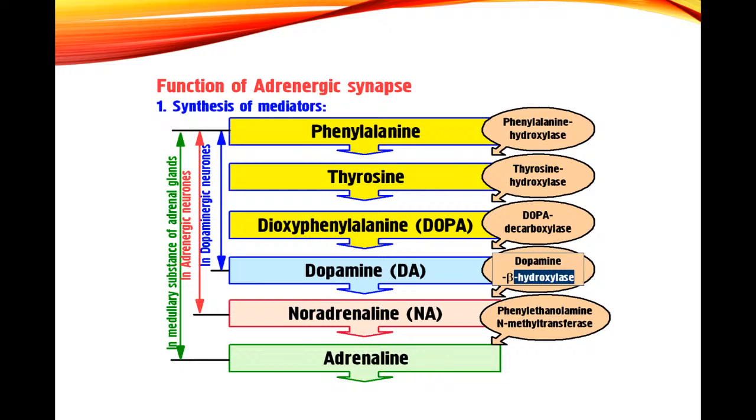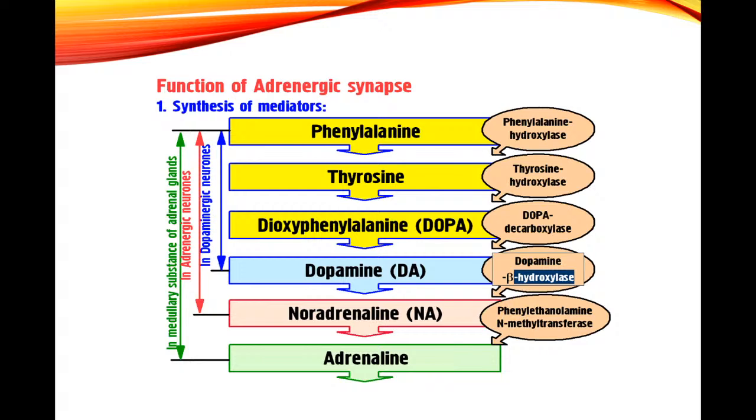But to synthesize the final mediator noradrenaline, it's necessary to pass 1, 2, 3, 4 reactions. For adrenaline, 5 reactions. There should be 5 enzymes and 5 portions of ATP. It's very costly for the organism.